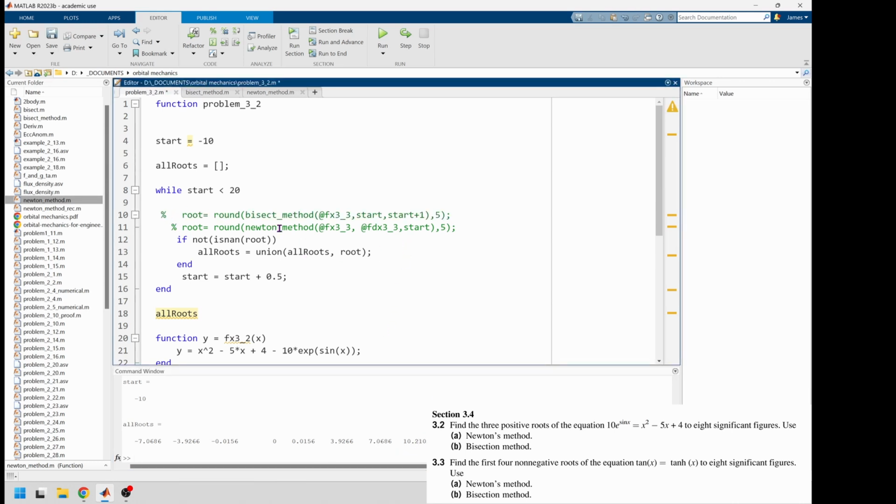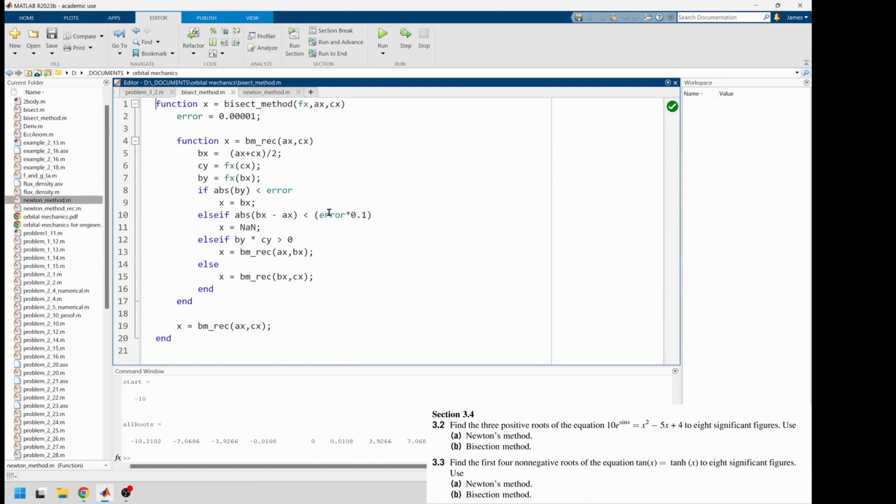And I can do the Newton method as well. So that finds them as well. Let's have a look at these functions. So let's start with the bisect method. It starts off, we set an error range. And then we've defined a recursive function called bisect method recursive. The first thing it does is it gets the midpoint on the x and then gets the y values for the midpoint and one of the endpoints.